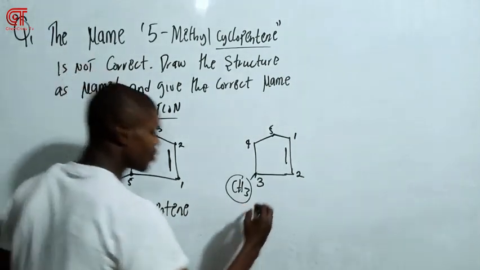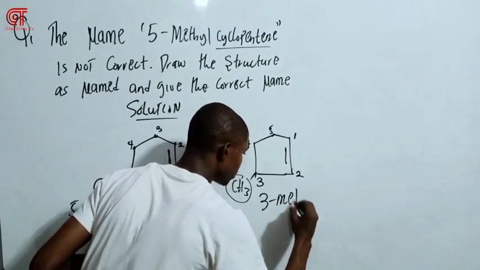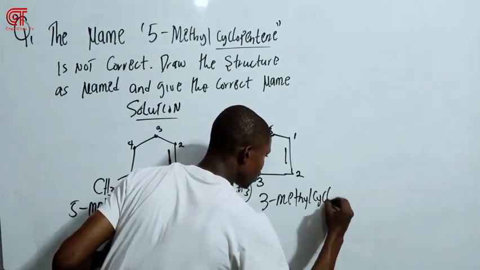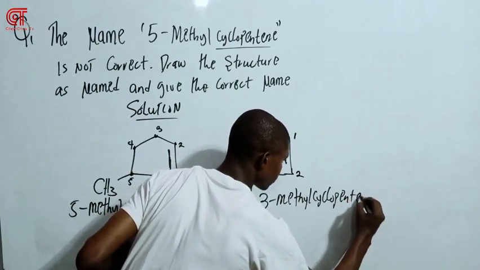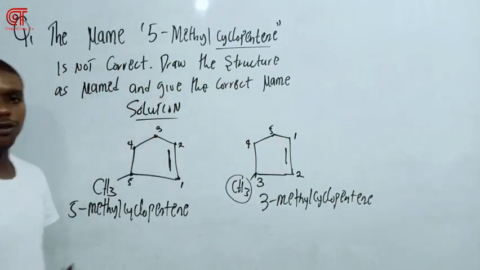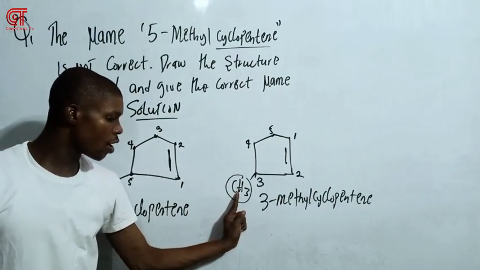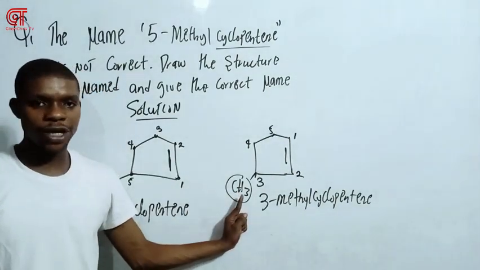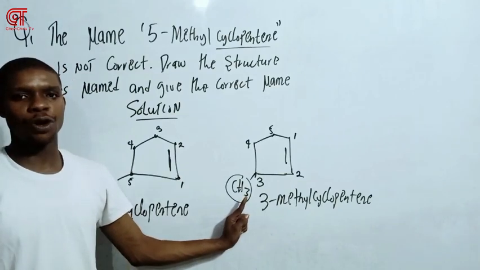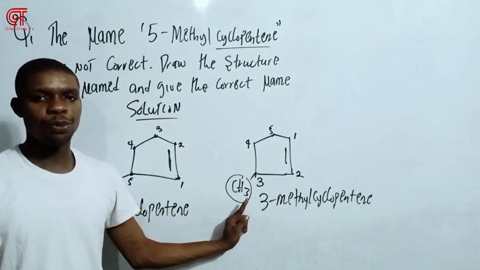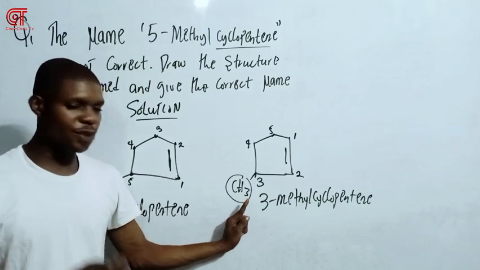Why is it going to be 3-methyl cyclopentene? During nomenclature, the substituent must have the lowest possible number. That is, the carbon atom carrying the substituent must have the lowest possible number.